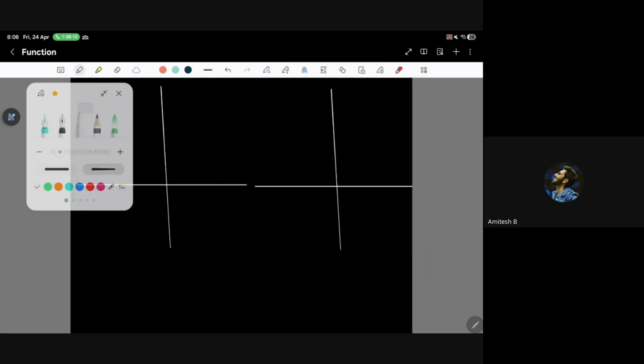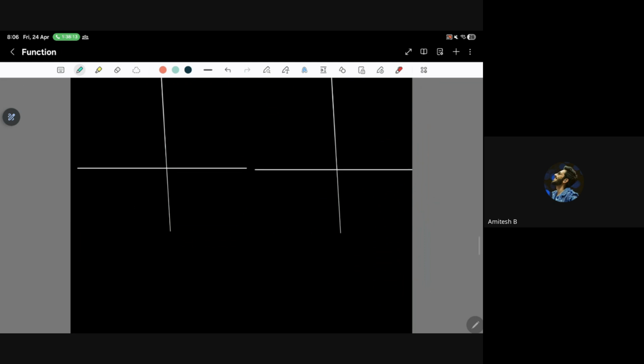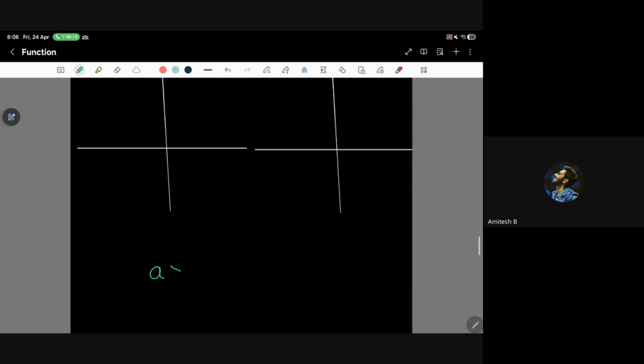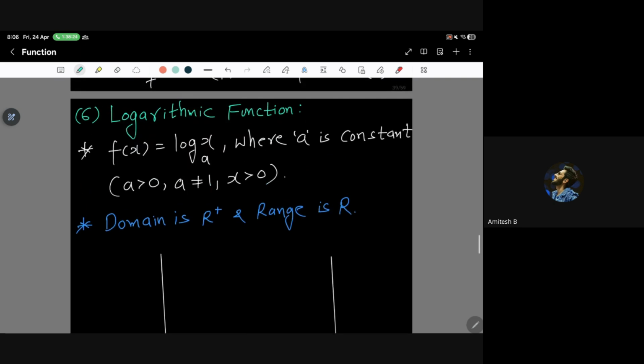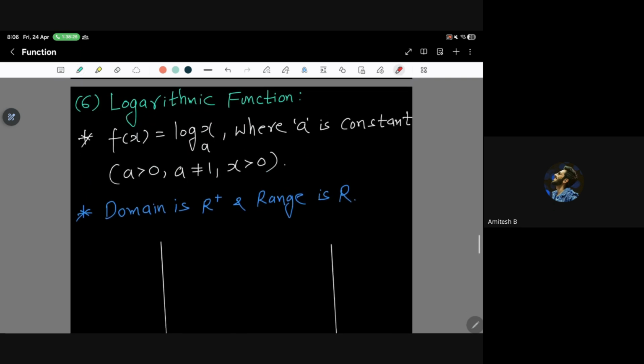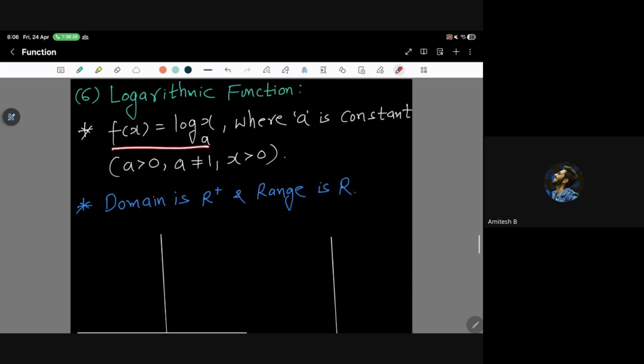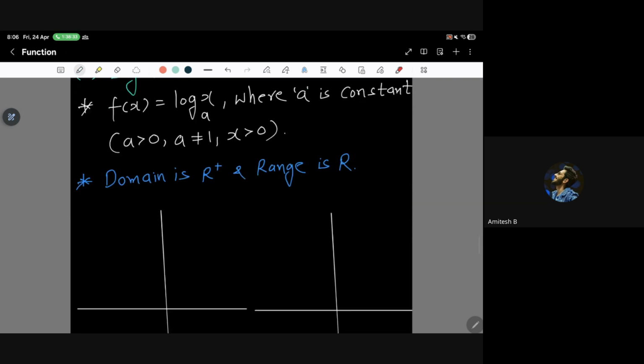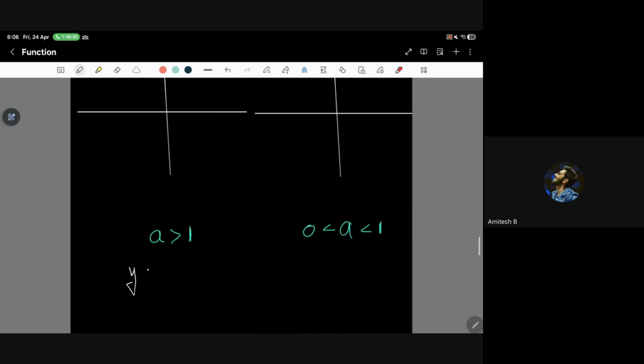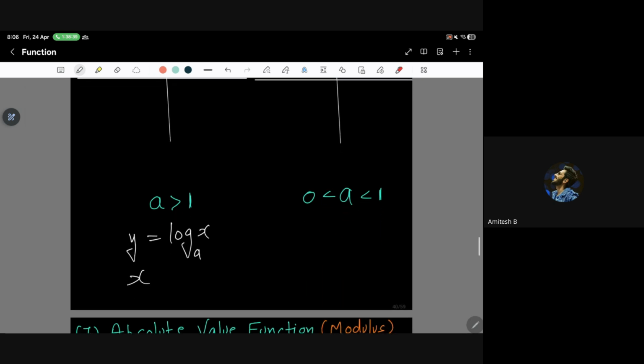So first case, when your base is greater than 1. Second case, when your base is between 0 and 1. Now this function y equals log x base a can be written as x equals a to the power y.